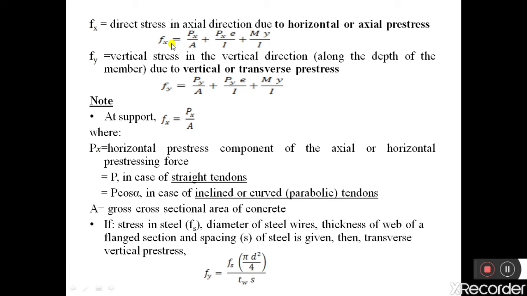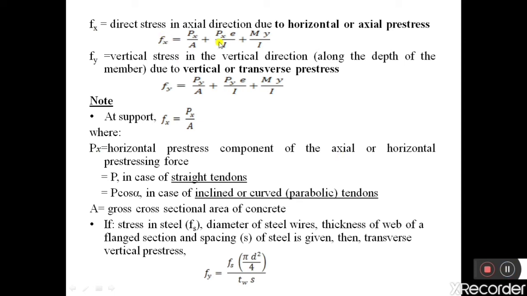So to calculate the principal stresses at a depth of 550 mm from the top edge, f of x is equal to P by A plus P into e by I plus M into y by I. So this formula we need to use. We use f of x equal to P by A when we are calculating the principal stresses along the centroidal axis. Away from the centroidal axis, we should use this formula to calculate f of x.